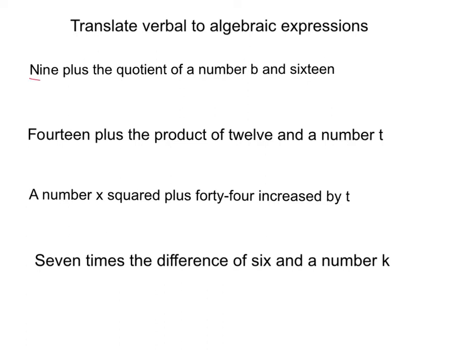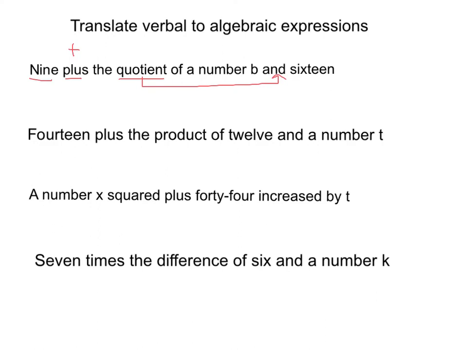So I have 9 plus, so I know I'm going to have an addition sign here. The quotient, all right, there is a math term for me. And it says the quotient of a number b and 16. So when I see a math word, I look for the 2 things that are following it, the 2 terms they want me to apply that operation to.